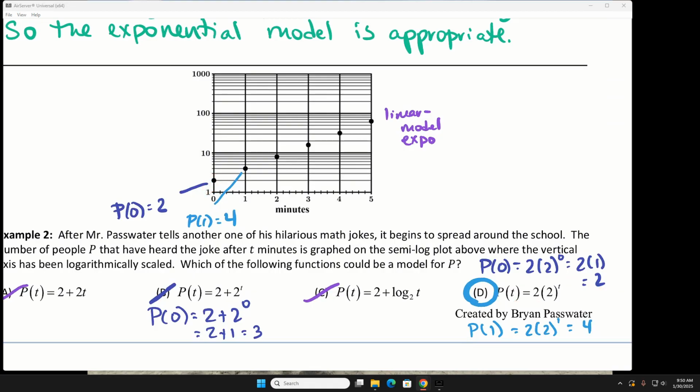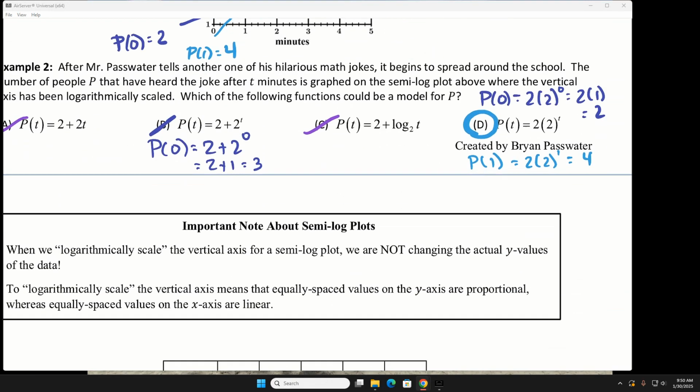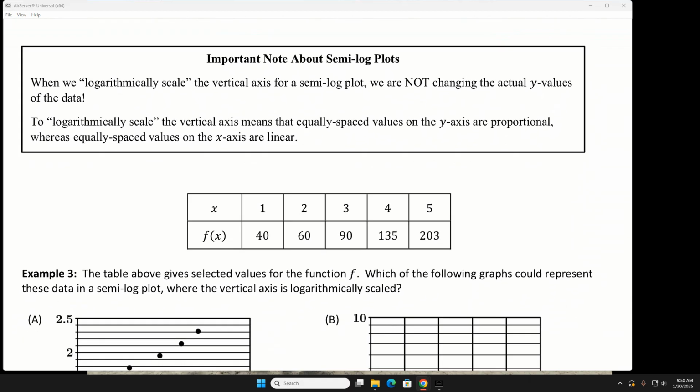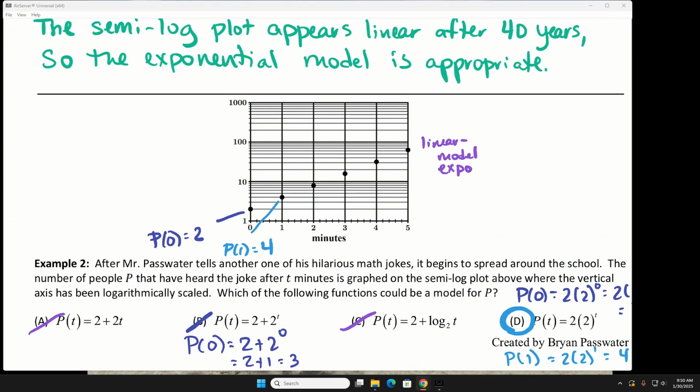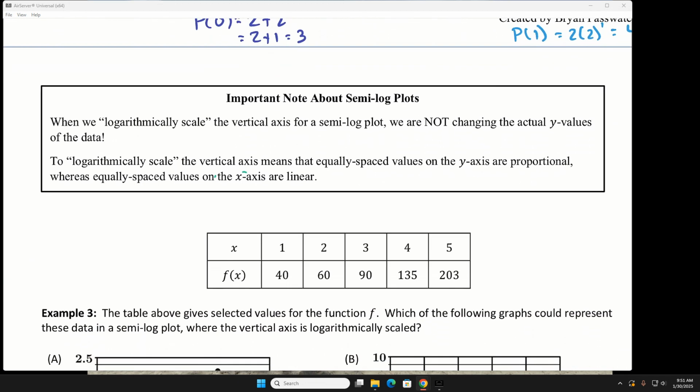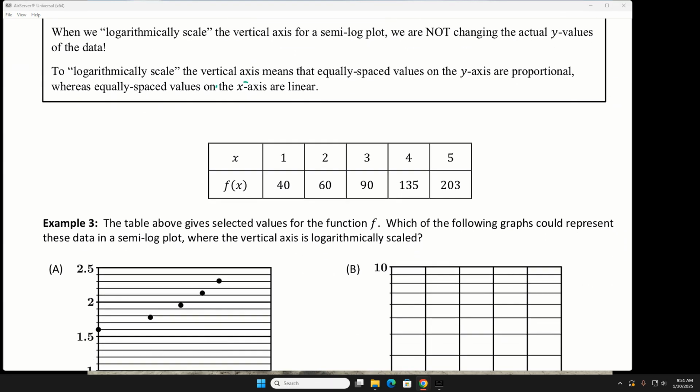So you're not changing the values, you're just changing the appearance of the graph. So whenever the graph is logarithmically scaled on the vertical axis, if we're equally spaced, like what we had here, then from one point to the next, that just means that those y values are proportional, and then the equally spaced x values are linear.